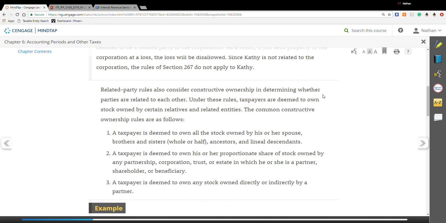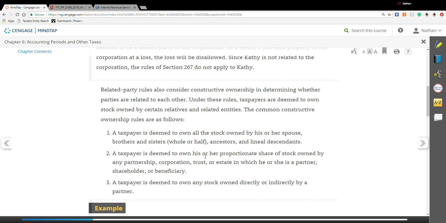Now, they bring in this considered constructive ownership to determine whether parties are related to each other. Under this, they have these three rules. So, this is a little bit more going into. A taxpayer is deemed to own all stock owned by his or her spouse, brothers, sisters, ancestors in lineal descent, again, family members.